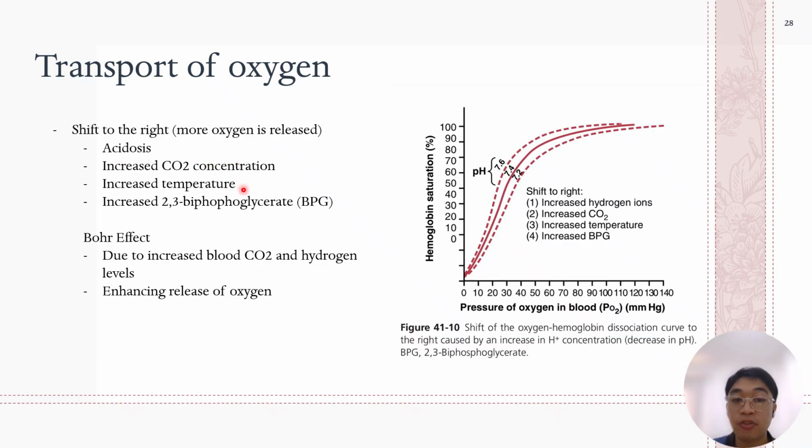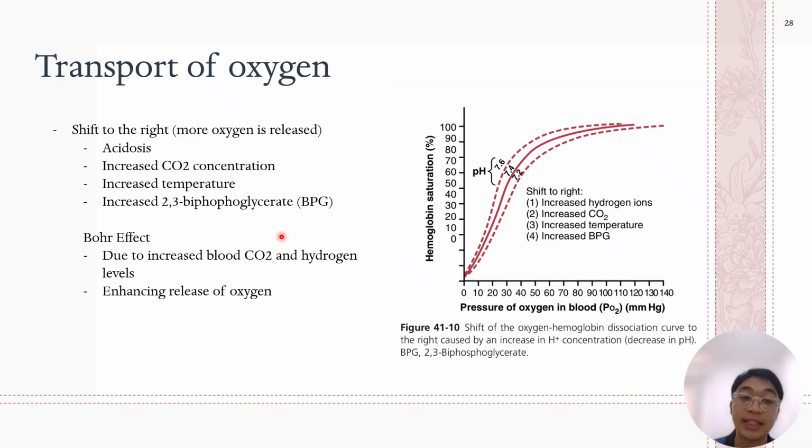It can be because of increased carbon dioxide concentration in the blood. It can be because of temperature. So if you have fever, there will be increased release of oxygen to our tissues because the high temperature increases the metabolic rate of our cells, and our cells need more oxygen in order to function well. And also increased 2,3-DPG or biphosphoglycerate, which is prominent in states of hypoxia, in low oxygen states.